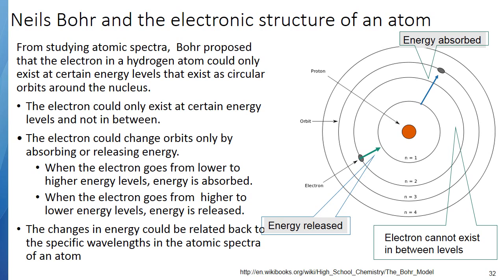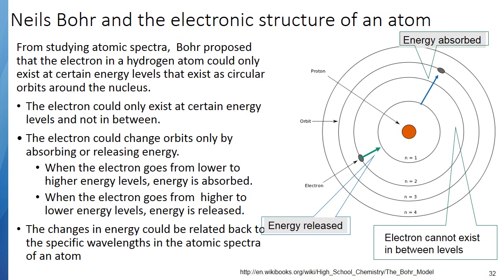Just for your information, this is how astronomers can identify elements in distant stars. They take an atomic spectrum of a particular star or planet and compare it to what element would give off that particular spectrum.